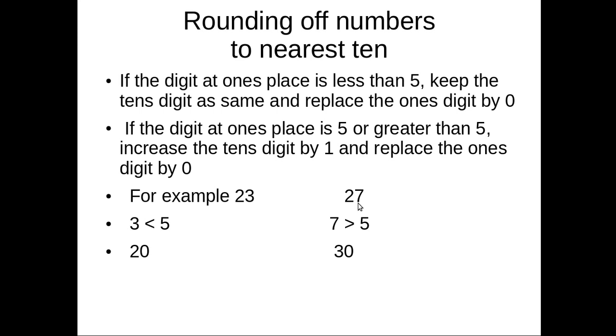Its unit place digit is 7 and tens place digit is 2. Since the unit place digit 7 is greater than 5, according to the rule we have to add 1 at the tens place, that is 2 plus 1 becomes 3, and we replace the 7 with 0. We get the nearest 10 of 27 as 30.